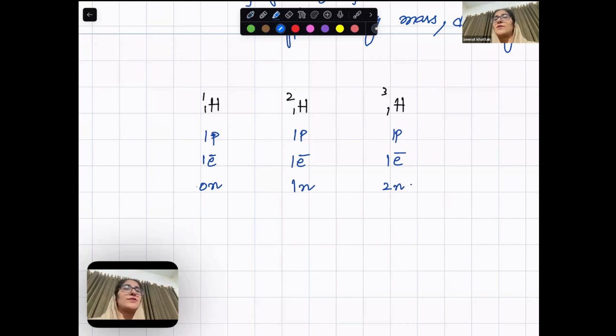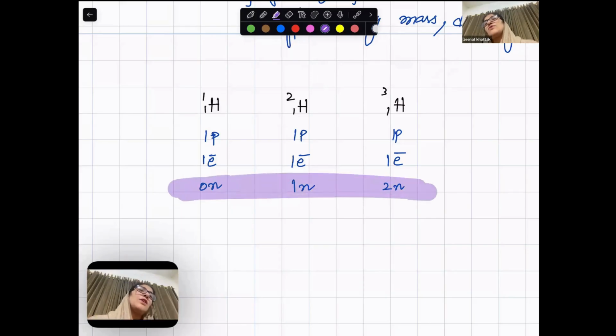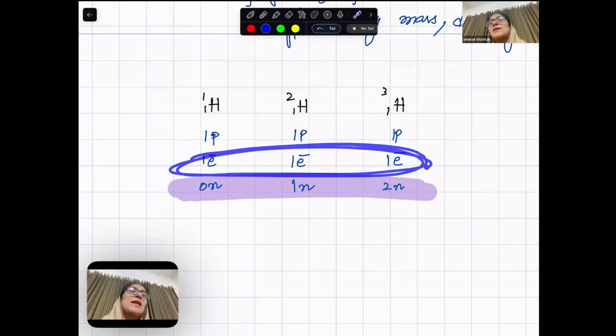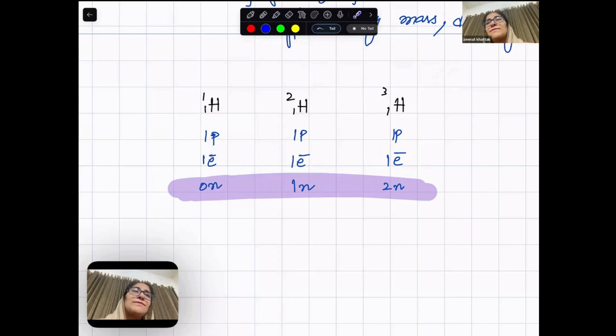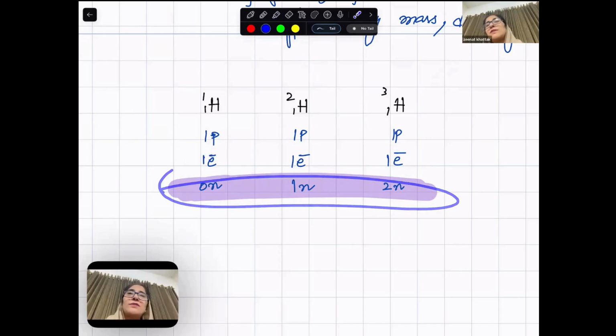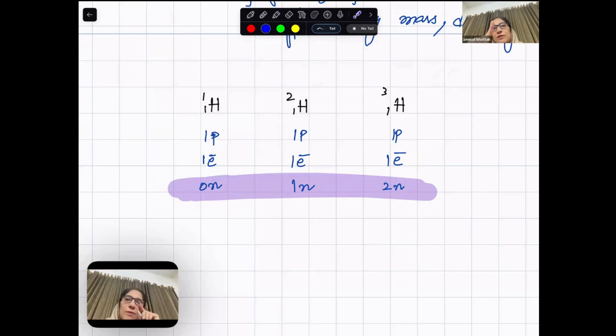What is different? The neutrons. The rest are identical. Their chemical properties are the same because the electrons are the same. But their masses and densities are different. Physical properties will differ. Right?